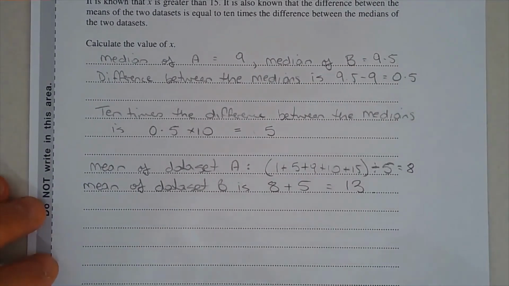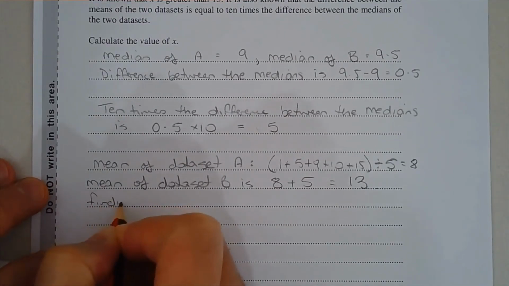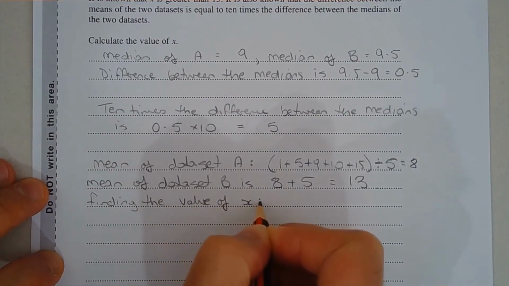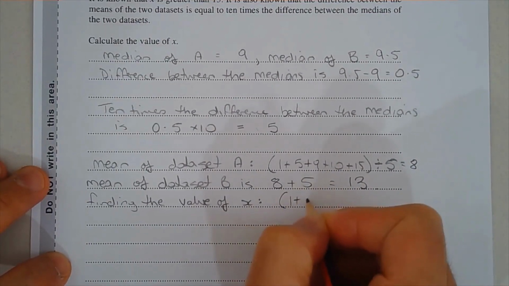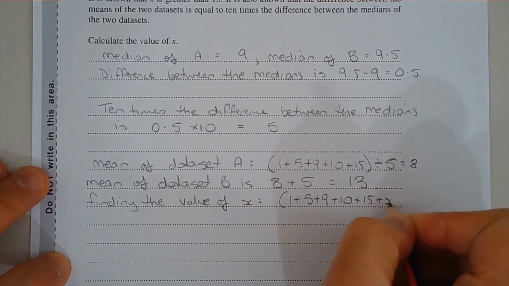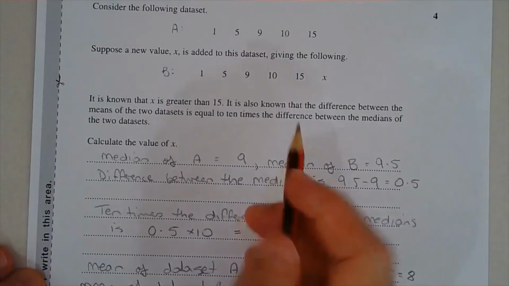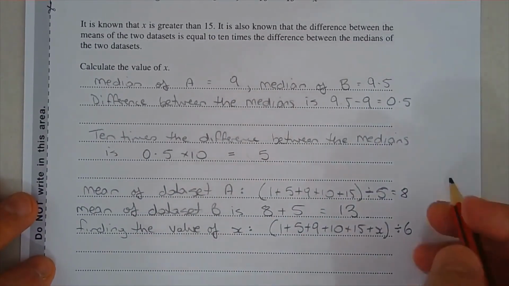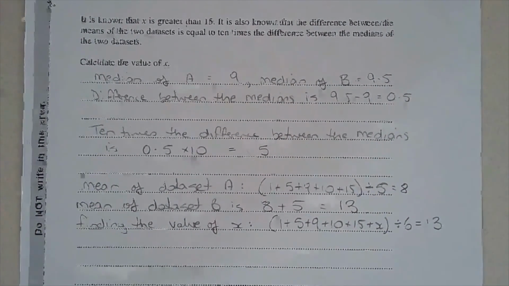So 1 plus 5 plus 9 plus 10 plus 15 plus x, if we divide that by 6, because there are 6 scores, so we're finding the average, and we know what the average is, so we're working backwards yet again, and it's equal to 13, since we've already deduced that the mean of data set B is 13.